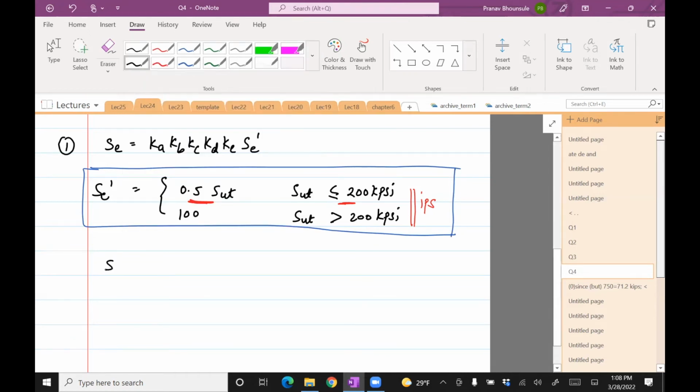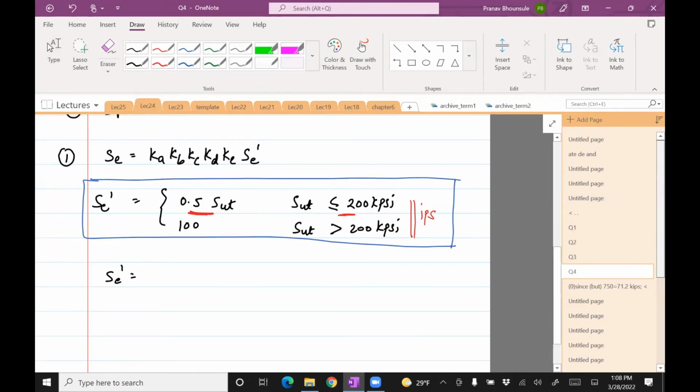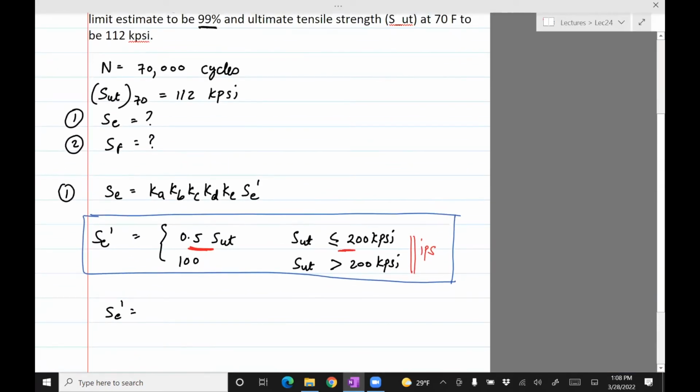Okay, so SE prime is clearly, since SUT is 112 kpsi, it is less than 200 kpsi in this formula.